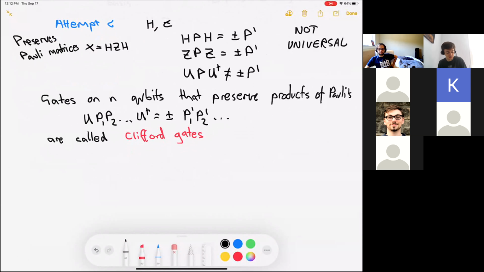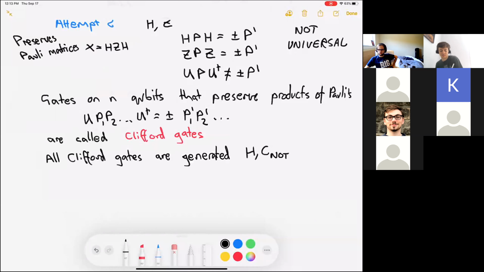And in fact, all Clifford gates are generated by a set of just 3 gates. The Hadamard gate, the CNOT gate, and a final gate, which I'm going to call P pi by 2, sometimes called the S gate.